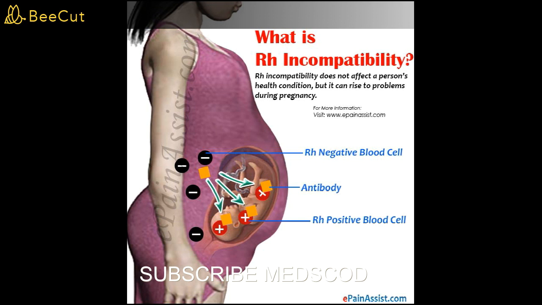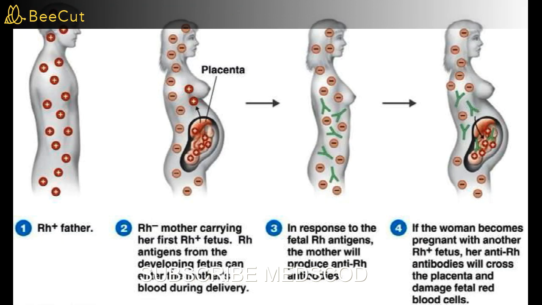So let me explain this. For example, if the mother is rhesus negative and the baby she's carrying in her womb is rhesus positive, what really happens is that the mother's immune system will react and create rhesus antibodies, which will now start attacking the baby in the womb, thinking that it's a foreign body, which it is not.